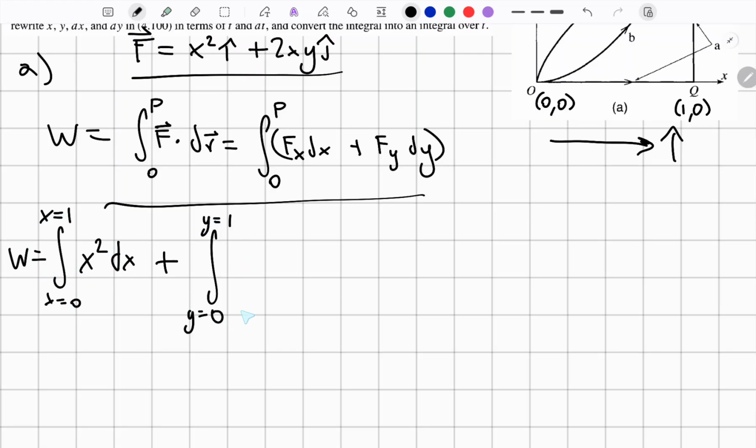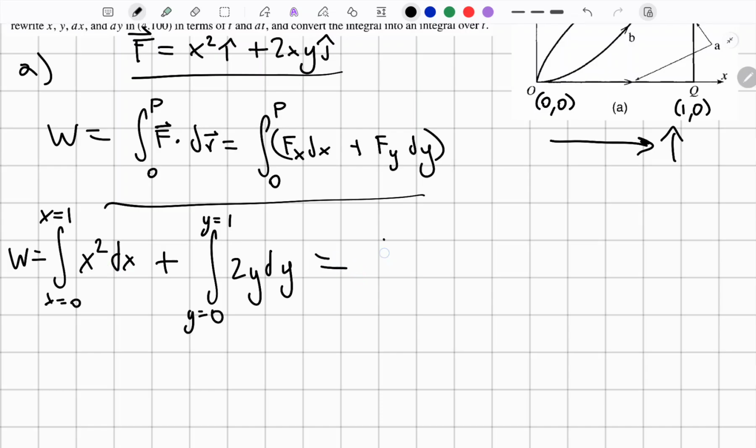Moving only in the y direction, we're only going to need to worry about this y integral. And throughout this process, in the second integral from Q to P, x is going to be a constant 1. So that y force will just turn into 2y dy.